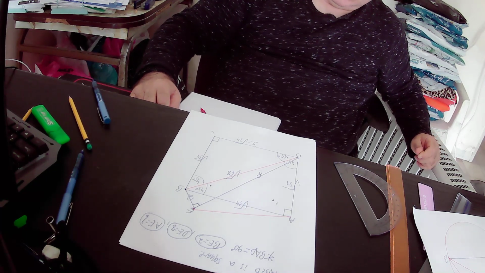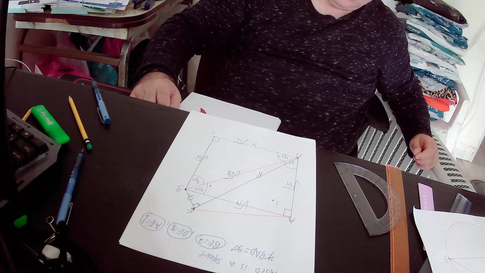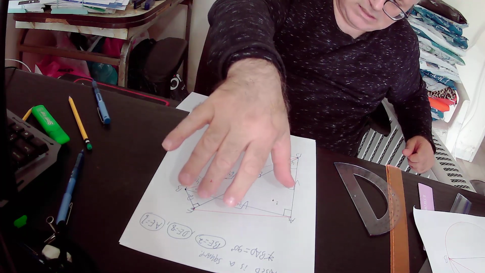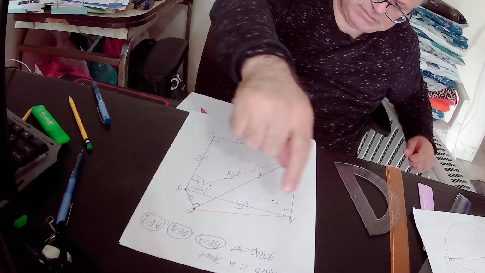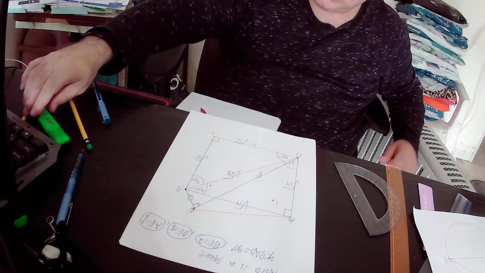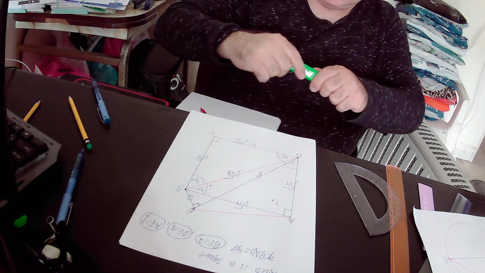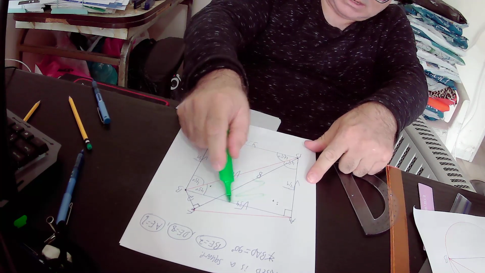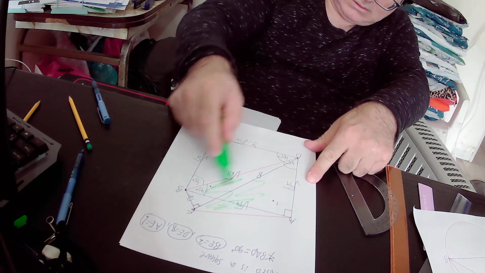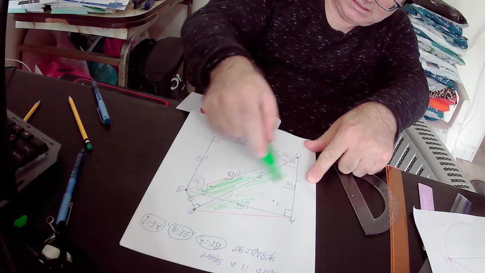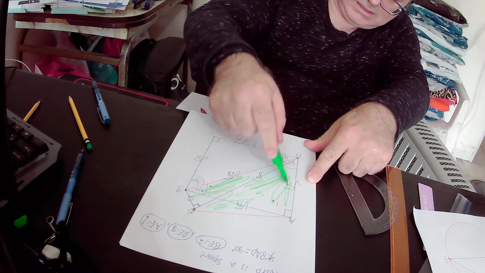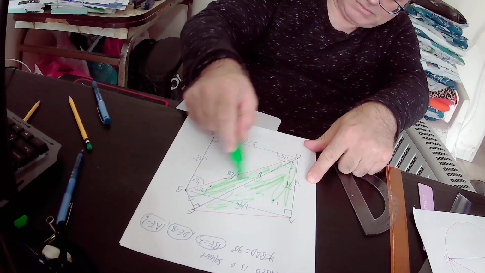Therefore, according to rule number 2, the quadrilateral AEBD is inscribed by a circle. So this green quadrilateral AEBD is inscribed by a circle.